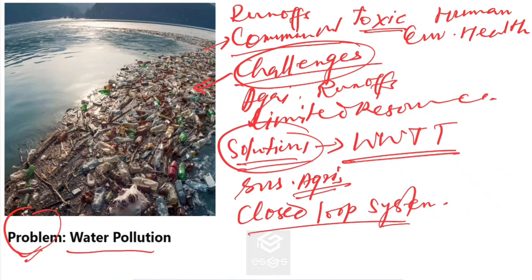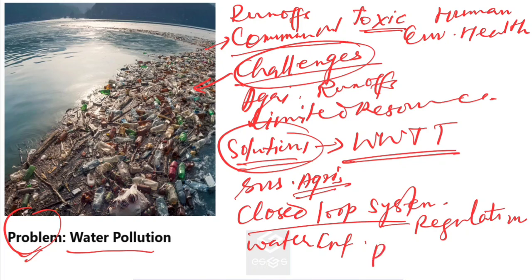Also the governments can enforce stricter pollution related regulations and provide funding for, let's say, water infrastructure in underserved regions, and implement public awareness campaigns on the importance of water conservation and also on pollution prevention.